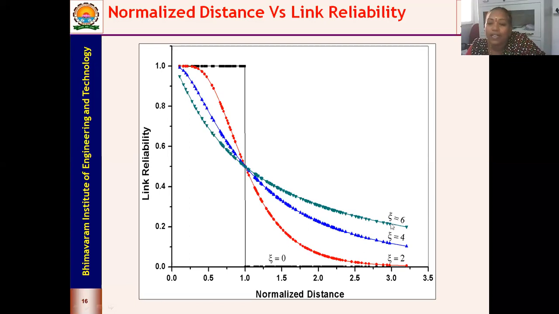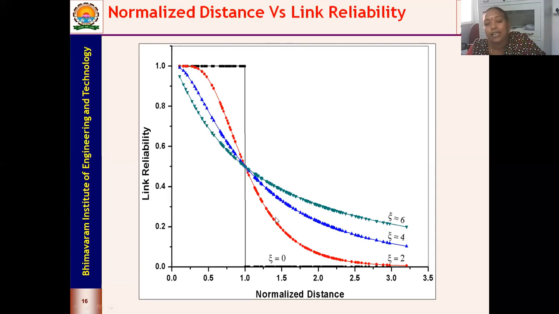When the severity is increasing, you see that the link reliability values also change. At lower values the severity is a little better, so the reliability is higher up to a value of 1.0, beyond which it is decreasing. So though there is severity in the environment, your network can still perform because your link reliability is better.